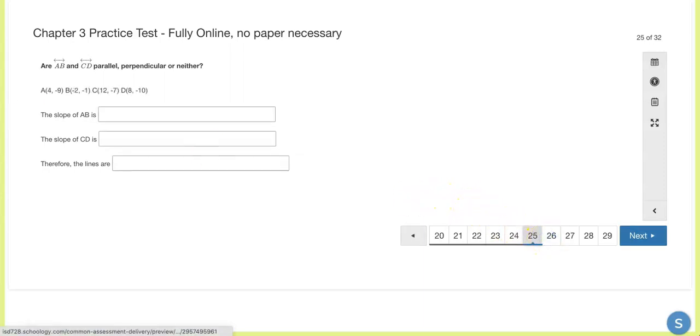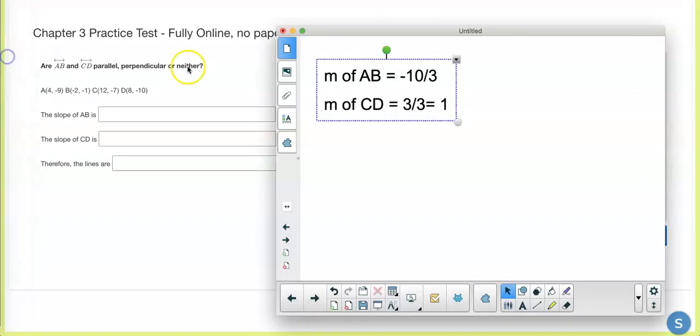Okay, let's do another example of the same idea. So this time the slope of AB, -9 minus -1, that simplifies to -8 up top. 4 minus -2, that simplifies to 6. Those both are even, so I can write that as -4/3.